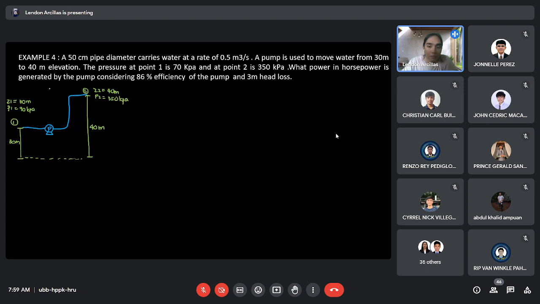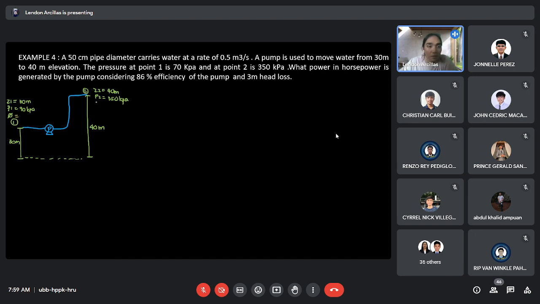Tama ba? What else is given? The diameter at point 1 is, what is it? Okay, it says here, 50 centimeter pipe. And it did not say that the diameter changes at point 2.